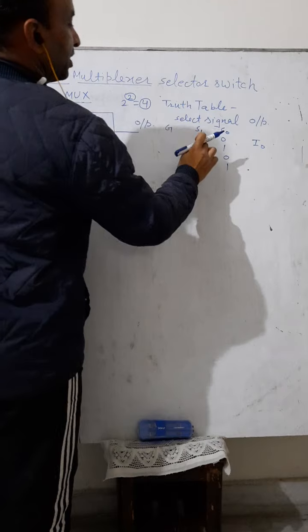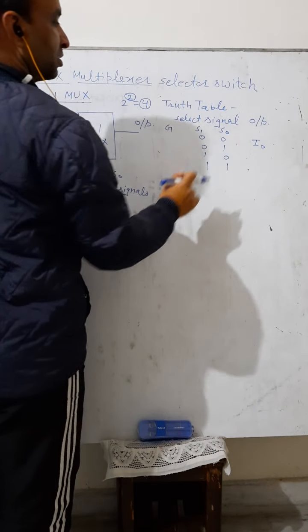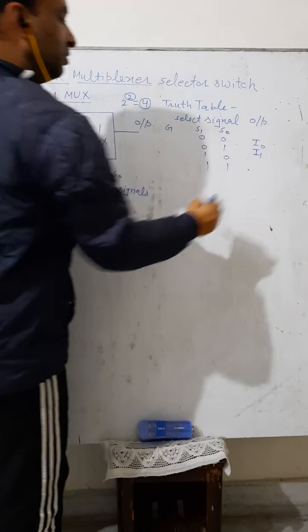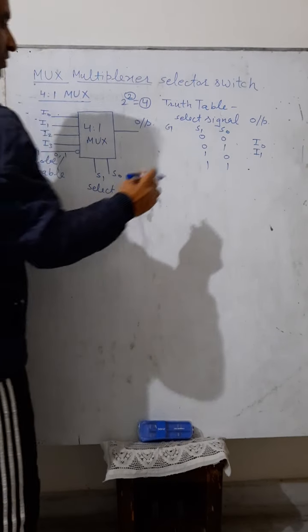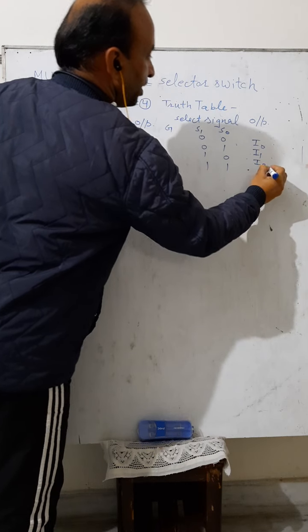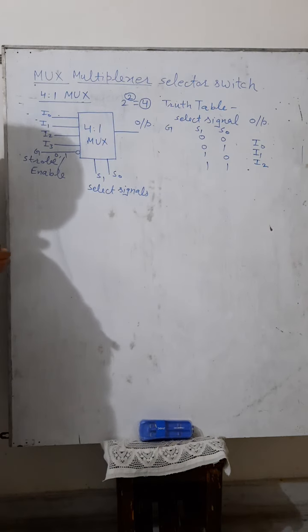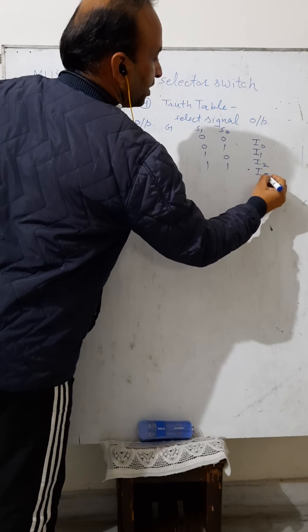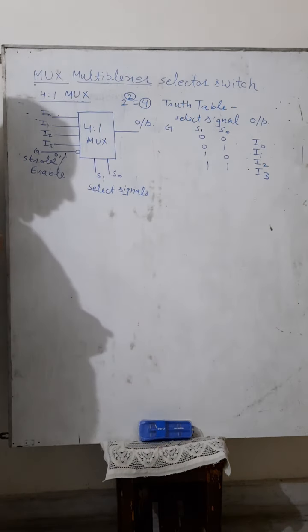If it is 0, 1, then output will be I1. If the combination is 1, 0, output will be I2. If the combination is 1, 1, output will be I3.